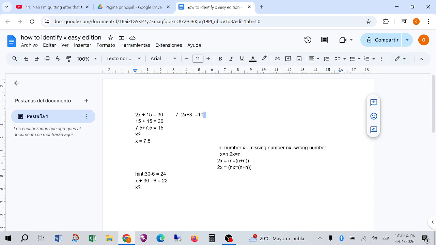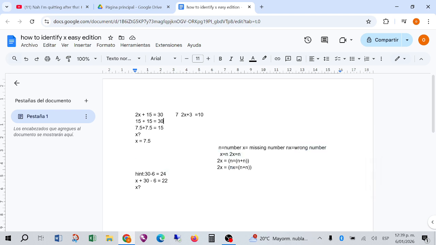Basically, if the number that we choose of summing doesn't equal the actual number that we're looking for, it equals nx, which means wrong number.